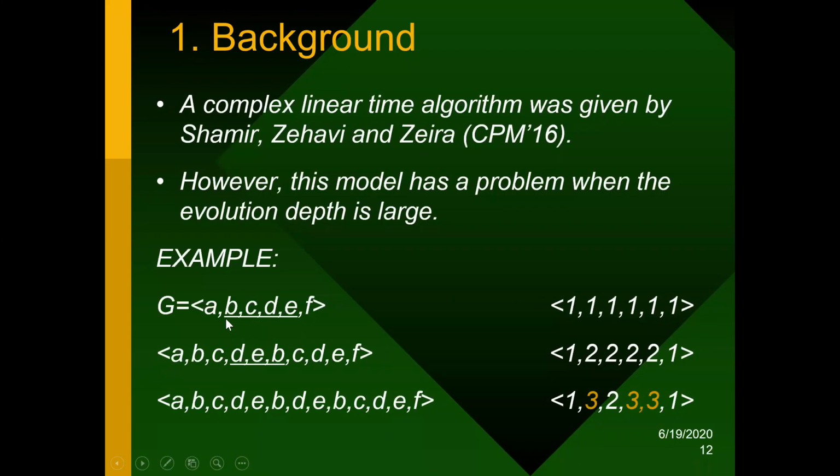Then I duplicate this segment B, C, D, E on the genome, and correspondingly you get the CNP 1, 2, 2, 2, 2, 1. If I perform 1 more duplication on D, E, B, you would increase the corresponding values of B, D, and E, but leave C alone. In other words, in this case, there's no way you can take this CNP and convert it to the last one with 1 duplication on the CNP.